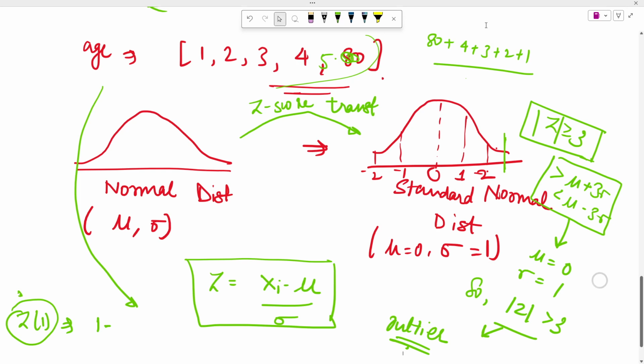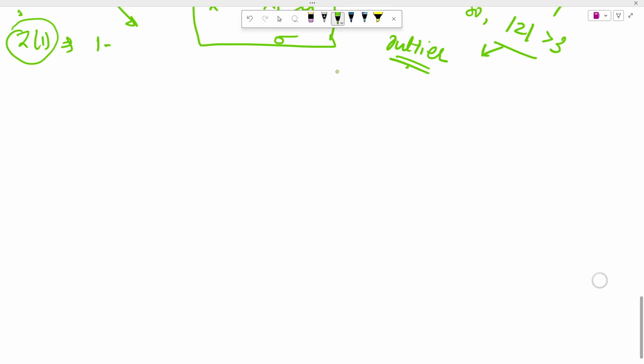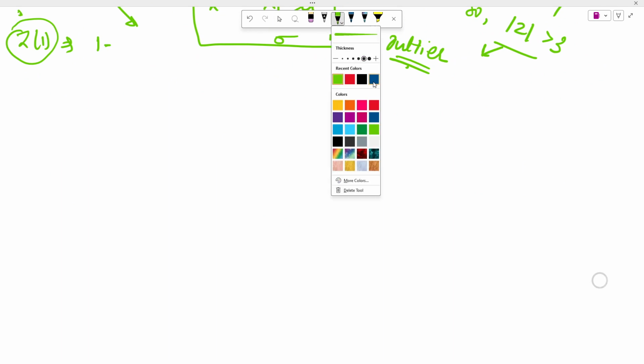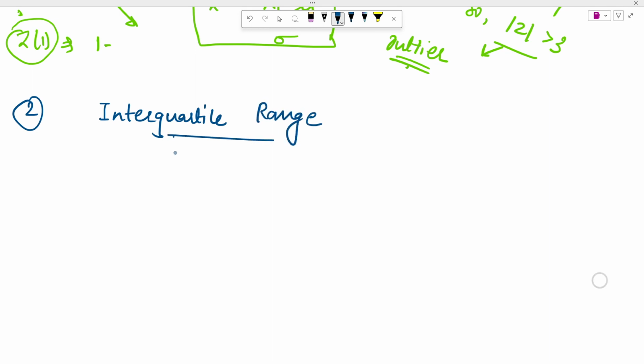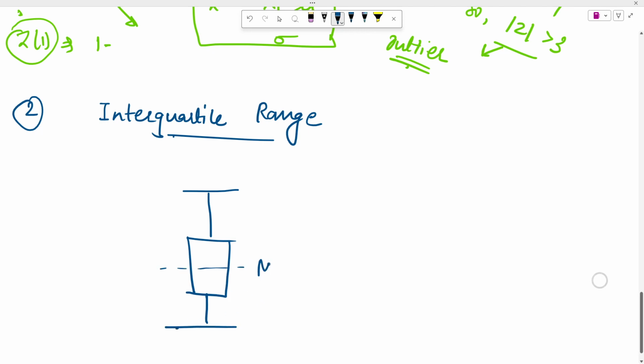The second approach is what we call the IQR based approach, which is called the interquartile range. For this, you need to understand how a box plot looks. A box plot has a median value.